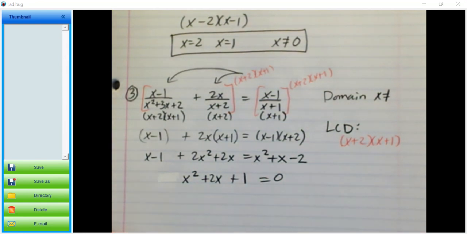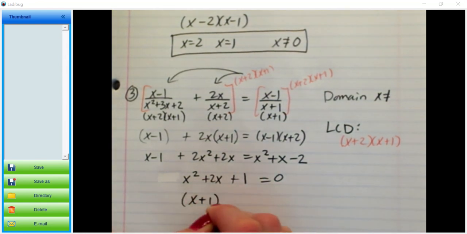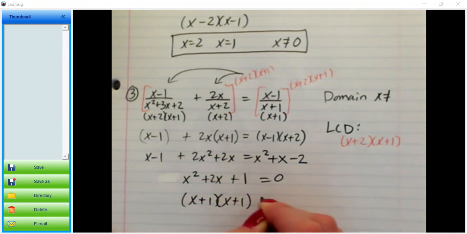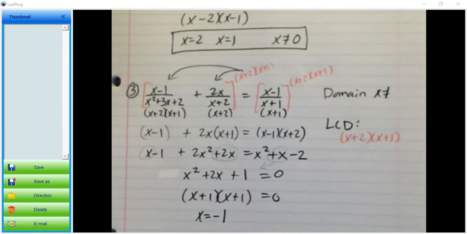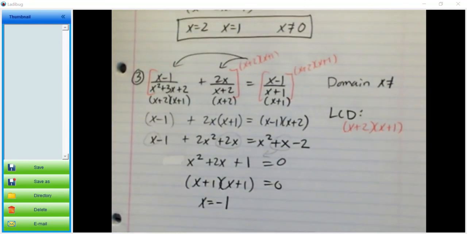Okay. I moved everything left. Wait, it wouldn't be minus 3x? No, because you have positive 3x and then minus. Okay. But I check my restrictions.